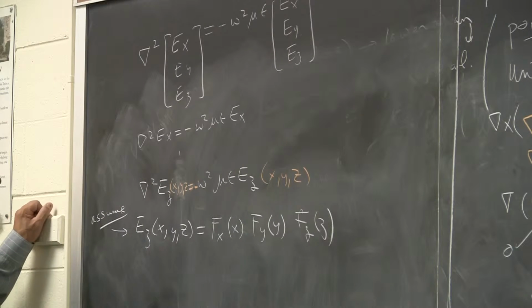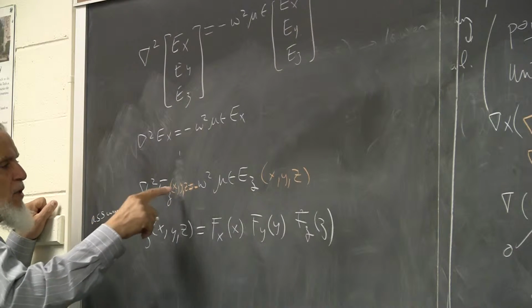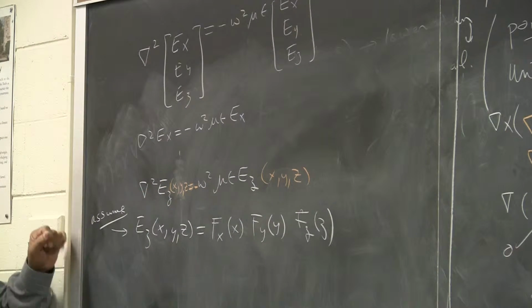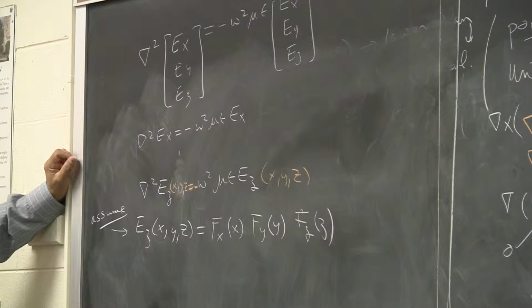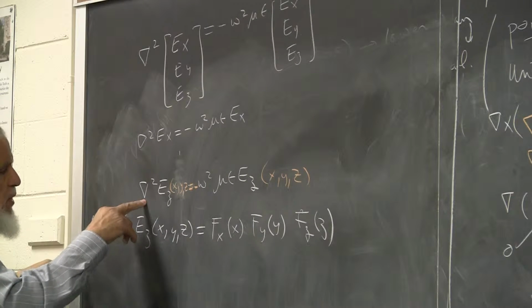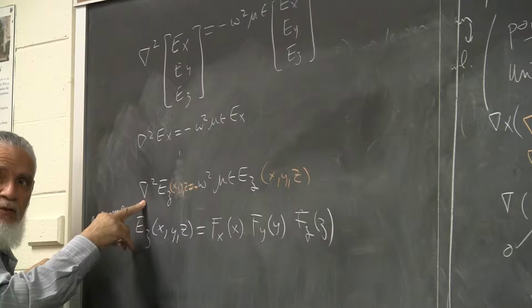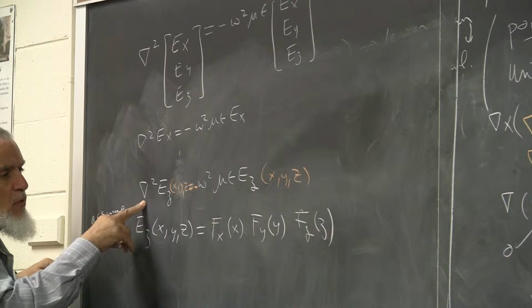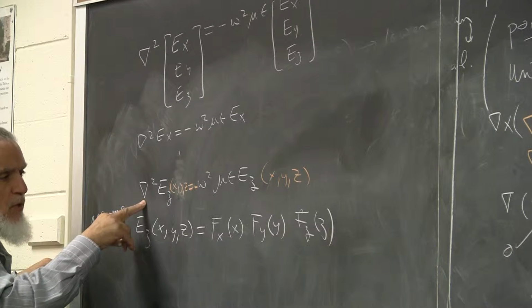And put that in. So you differentiate that del squared, and we'll do it in Cartesian coordinates because, like I said, the rectangular guide is going to be the one that will be worked with initially. When we go back to the circular guide, then we have to use cylindrical coordinates. But for now, let's use rectangular coordinates. So the del squared is what? Second derivative with respect to x squared, plus second derivative with respect to y squared, plus second derivative with respect to z squared.